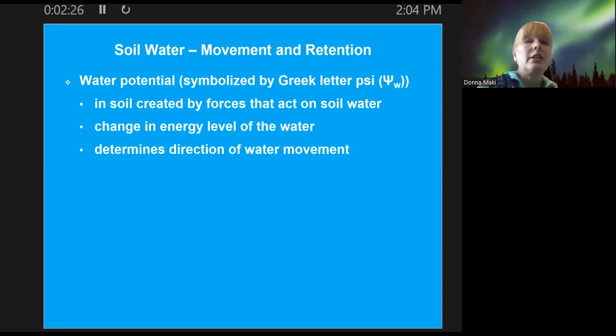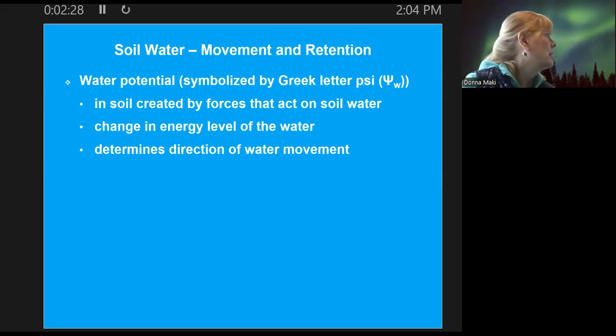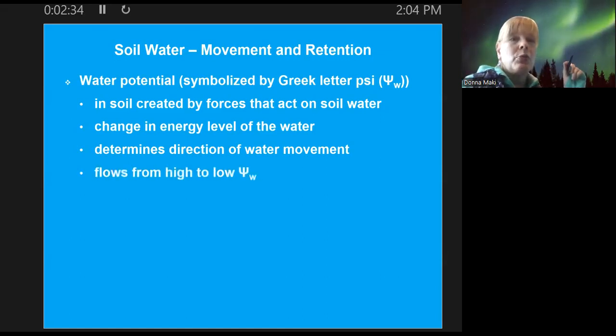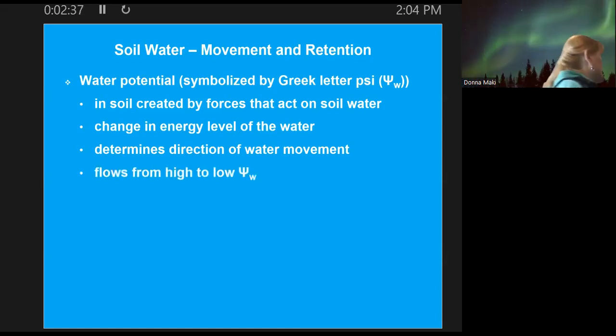It shifts depending on whether you're talking about the soil or what's going on in the plant. But overall, water flows from a higher water potential to a lower water potential.